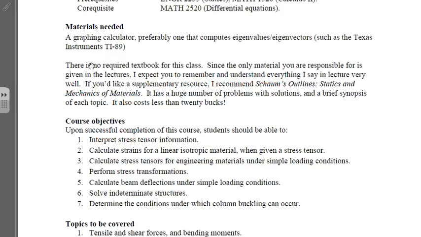And then we're going to talk about strains also, that strains we're going to treat as a 6-element vector, a list of 6 elements.